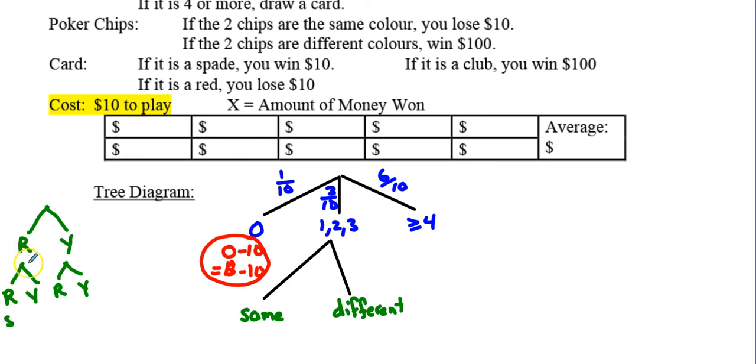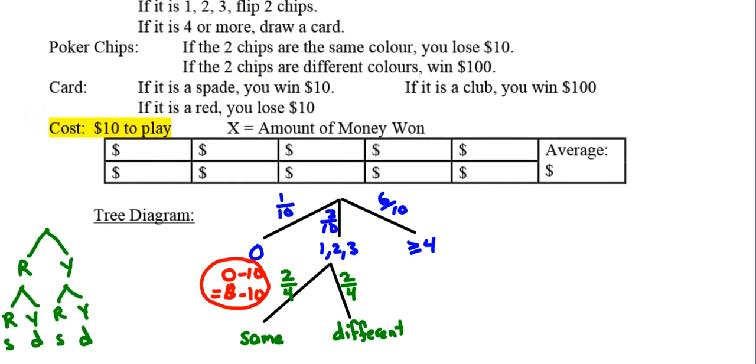This outcome is red and a yellow, which are different. This outcome is yellow-red, which is the same. And this outcome is yellow-yellow, which is different. Now, because it's 50-50 everywhere, you can just look at out of the 4 possible outcomes, 2 out of the 4 have the same color, and 2 out of the 4 have a different color.